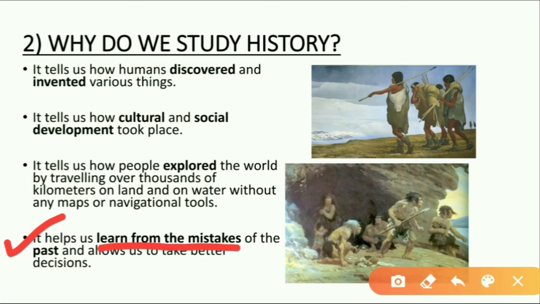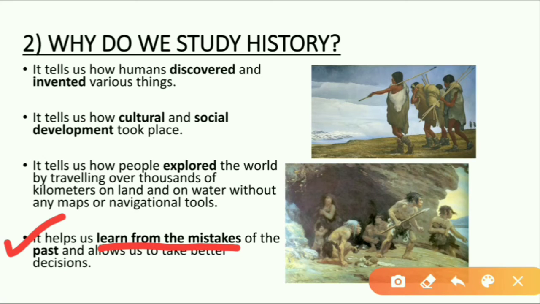People now can refer to those mistakes and learn from them so that they do not repeat them. So the past or historical events help people rectify those mistakes and take better decisions for the future.